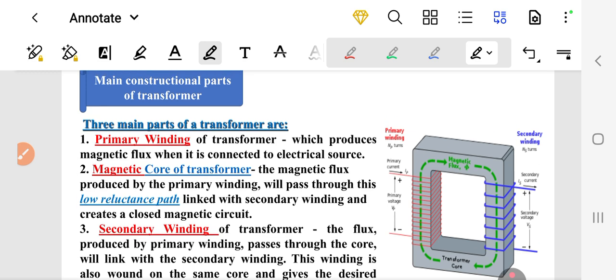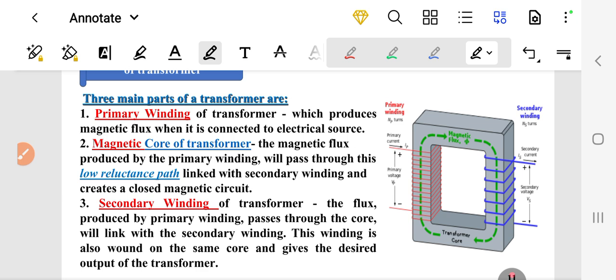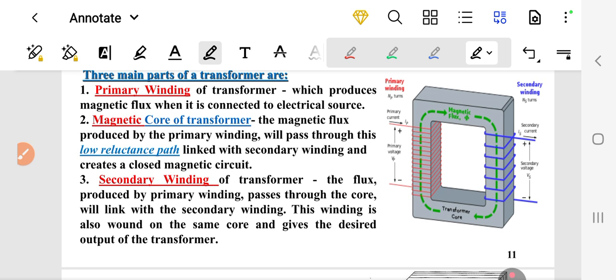What are the main construction parts of a transformer? The main parts of a transformer are the primary winding, which produces the magnetic flux and is connected to the electrical source. This is the source of the magnetic flux that will be passed through the core and collected at the secondary winding. The second part is the magnetic core of the transformer.